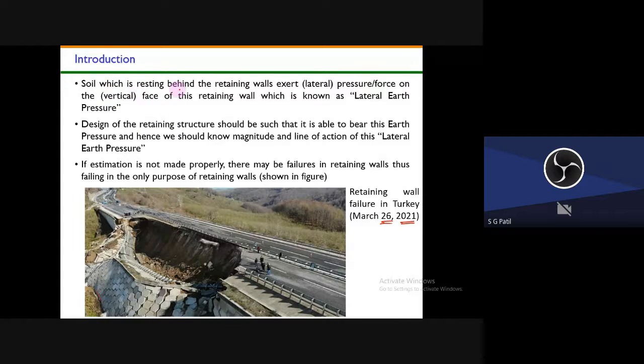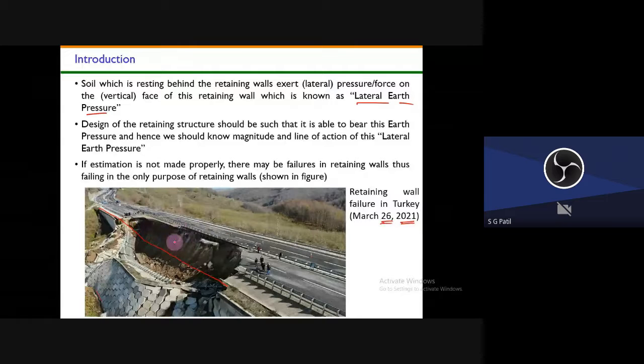Soil resting behind the retaining wall exerts a lateral pressure or force on the vertical face of the retaining wall, which is known as lateral earth pressure. Here, the soil we are placing is like some embankment.